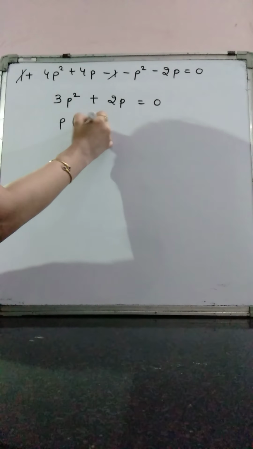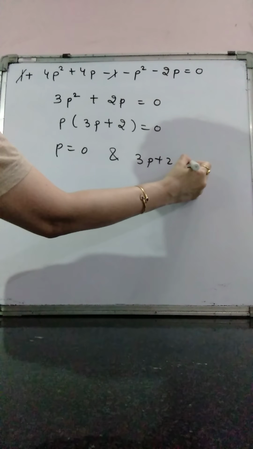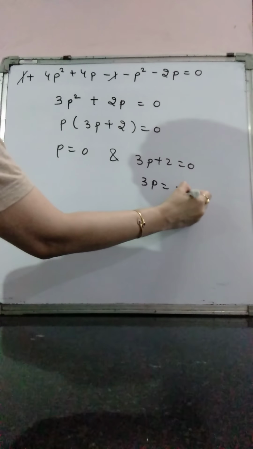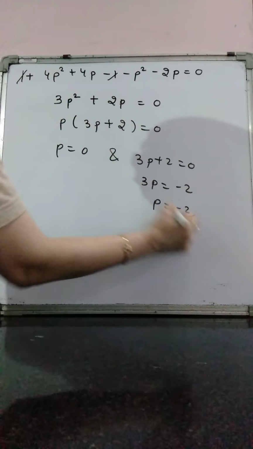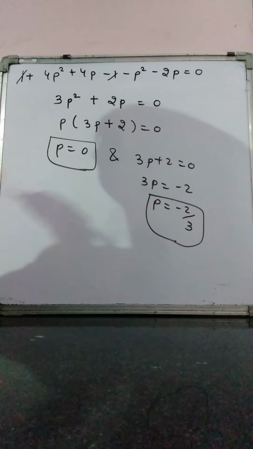Take p common. 3p plus 2. Equate both of them to 0. Minus 2. So the value of p will be minus 2 by 3 or p is equal to 0.